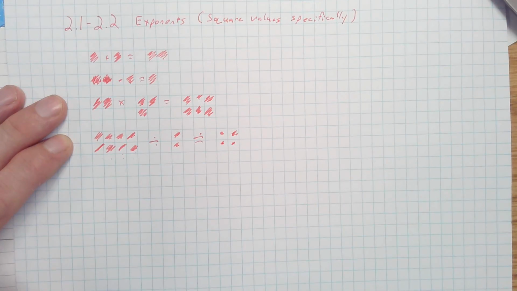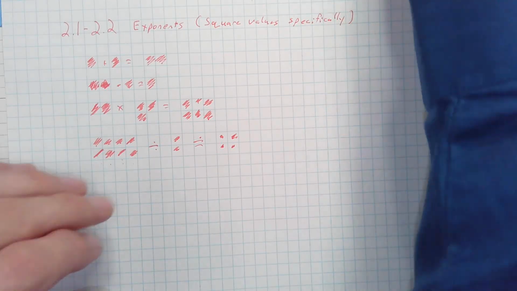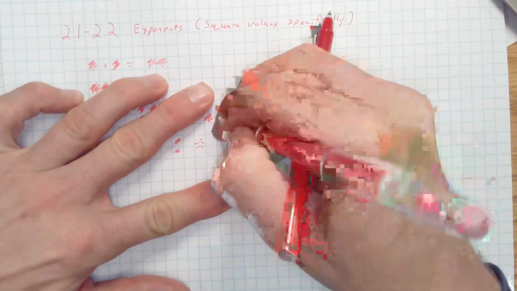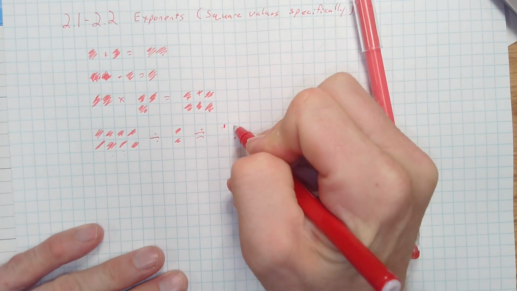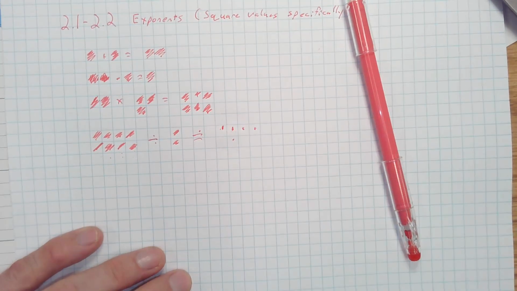That'd be 4 groups, 1, 2, 3, 4. Maybe it'd be better represented like this, 1, 2, 3, 4.